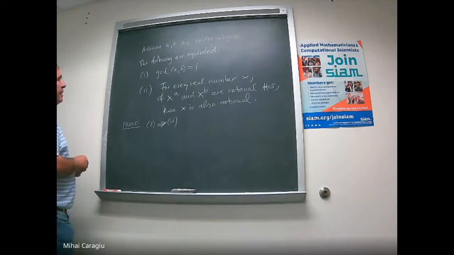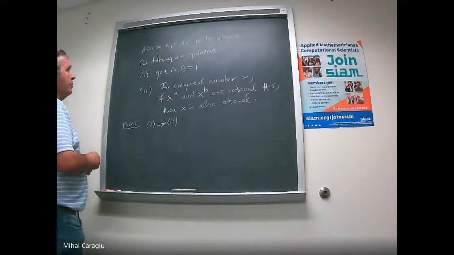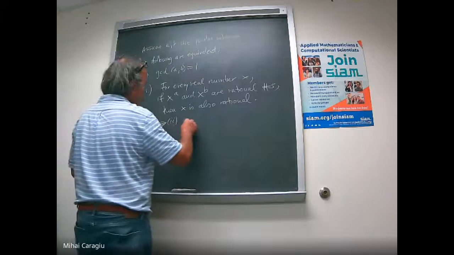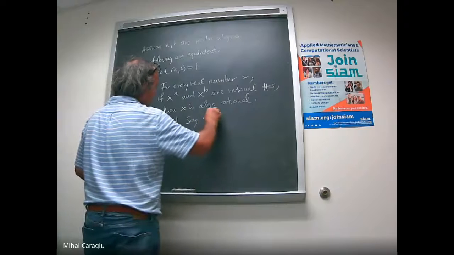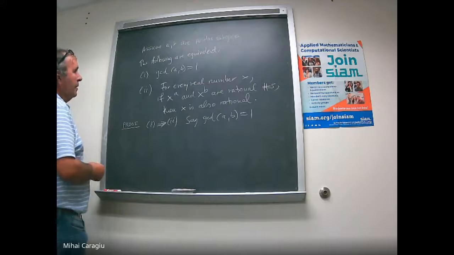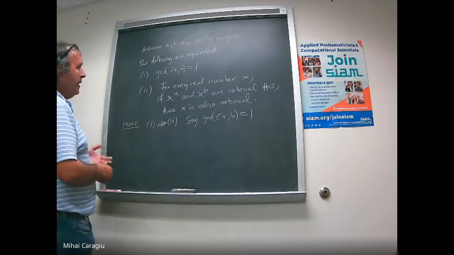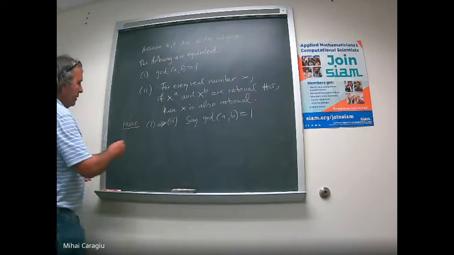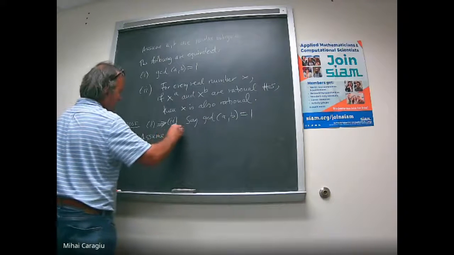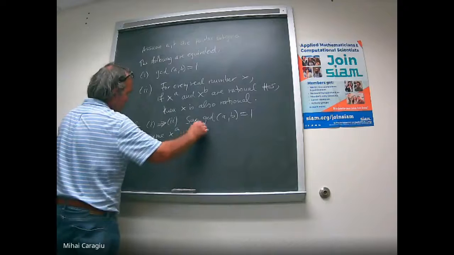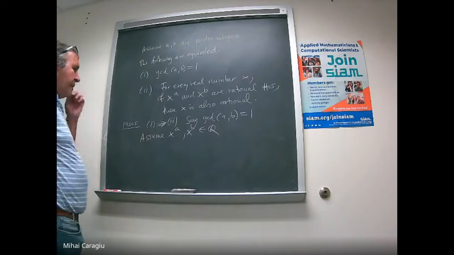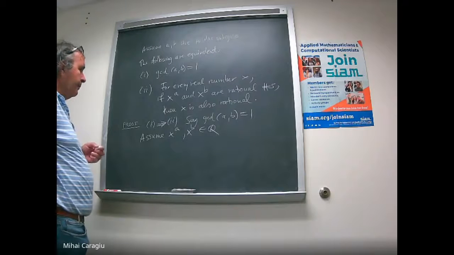So again, let's assume that the greatest common divisor of A and B equals 1, and then assume that x to the power A and x to the power B are rational. How can we prove out of this that x is rational?